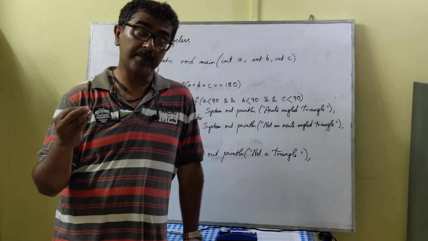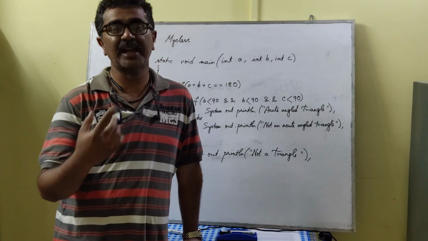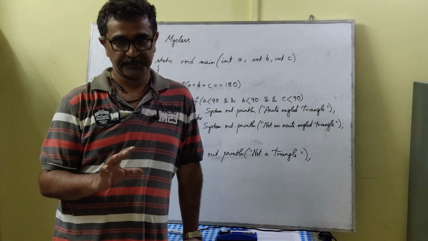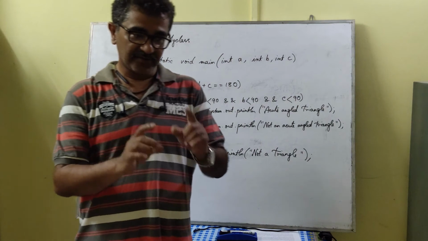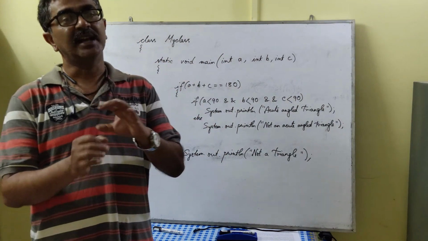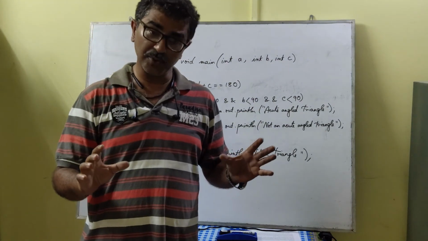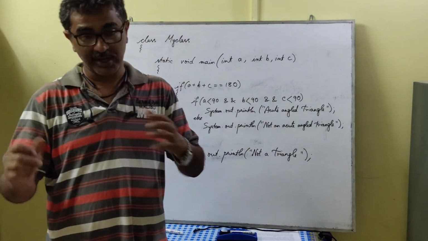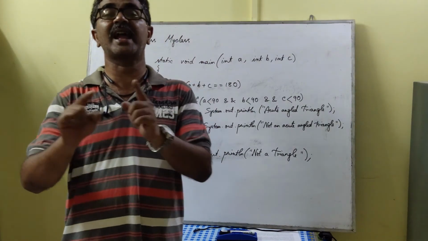If its sum happens to be 180, we are supposed to check whether it is an acute angle triangle or not. Now, if you listen to this question carefully, first we have a condition whether it forms a triangle or not. We are supposed to accept three angles and then we are supposed to check whether it forms a triangle or not. If it forms a triangle, only then we are supposed to check whether it is an acute angle triangle or not.